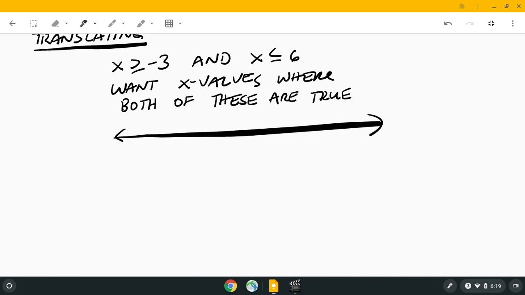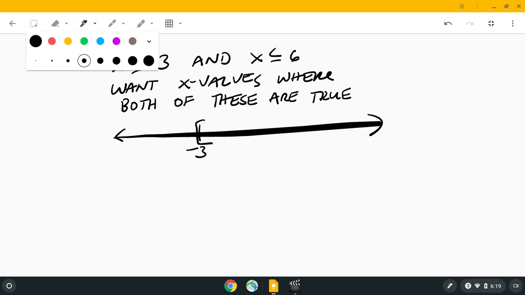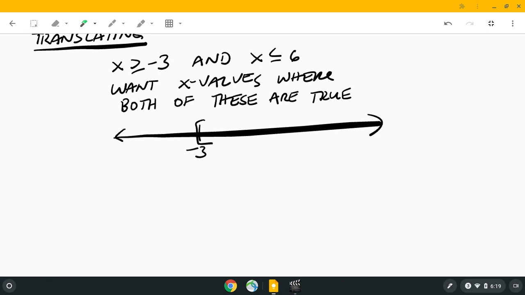Okay, so if we graph this, here's -3. And we want all the numbers that are greater than or equal to -3. So it's going to be everything that way, right? Here I'm going to use different colors. I'll use green for greater than or equal to -3. So that's everything that way.